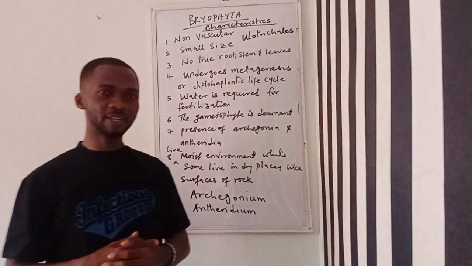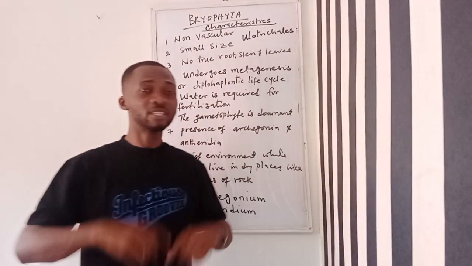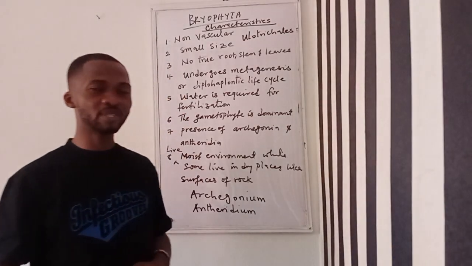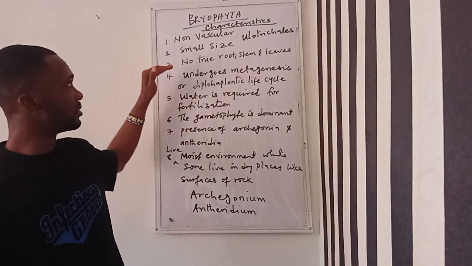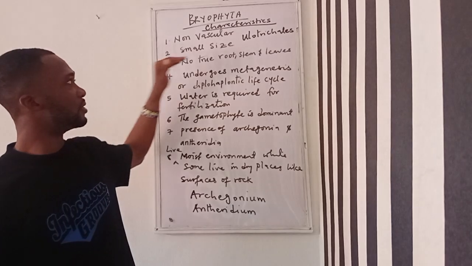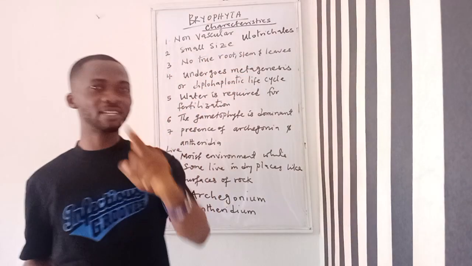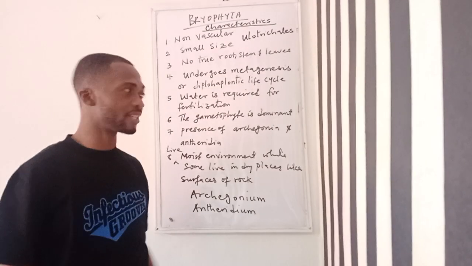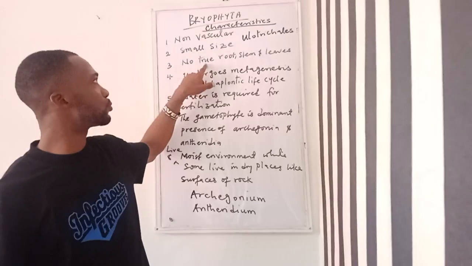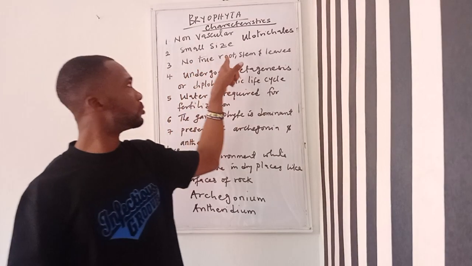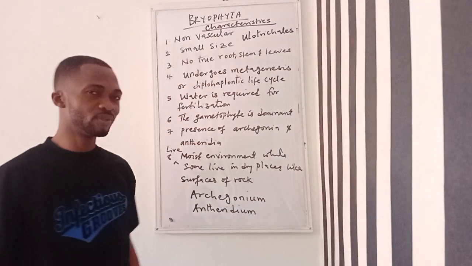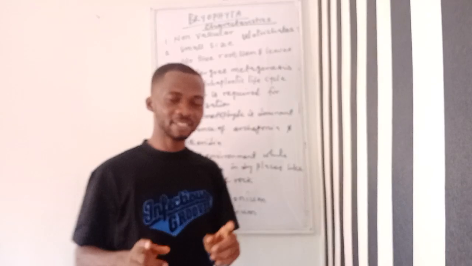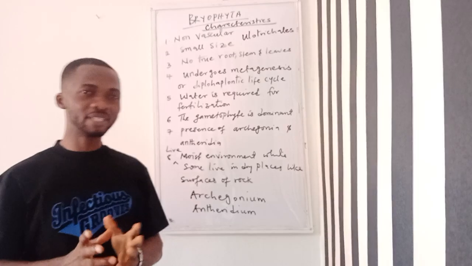But coming to Bryophyta, it is still correct to say that they do not have root, stem, and leaf, but there is something added here which was not added in the case of algae. They have no true root, stem, and leaf. No true means that they have something resembling it.